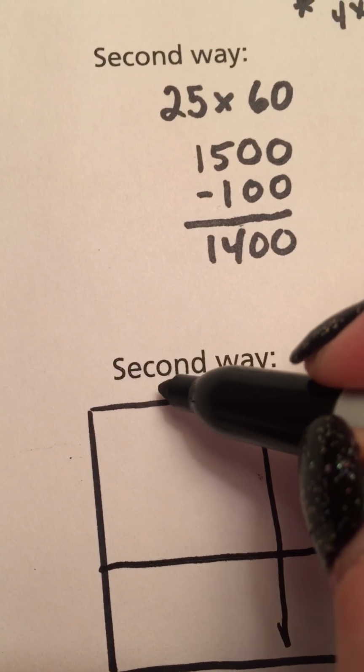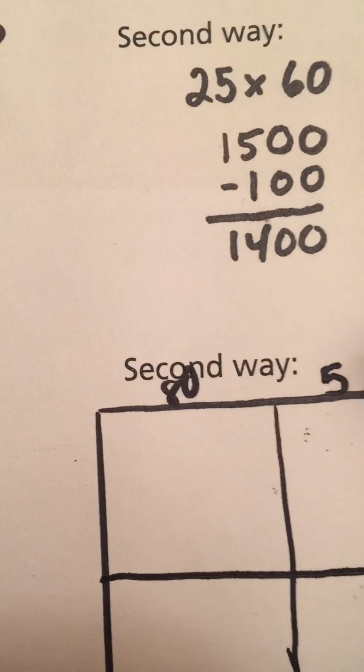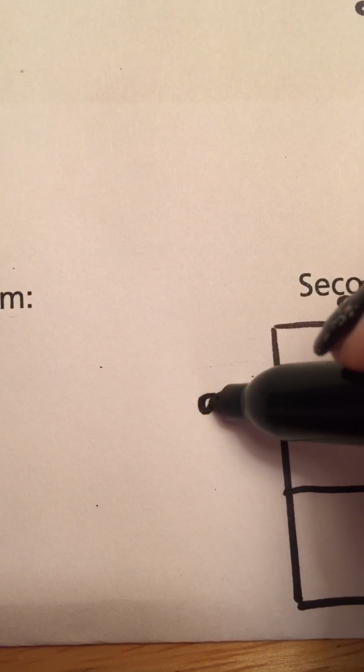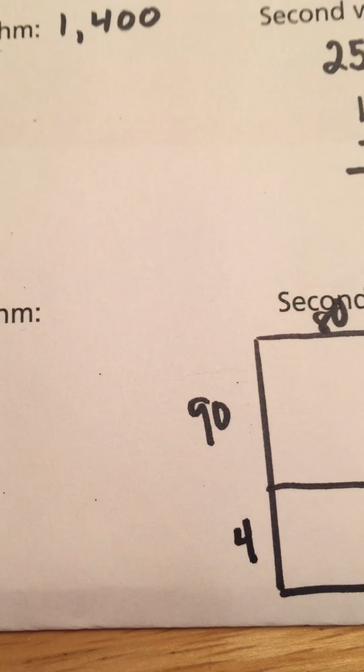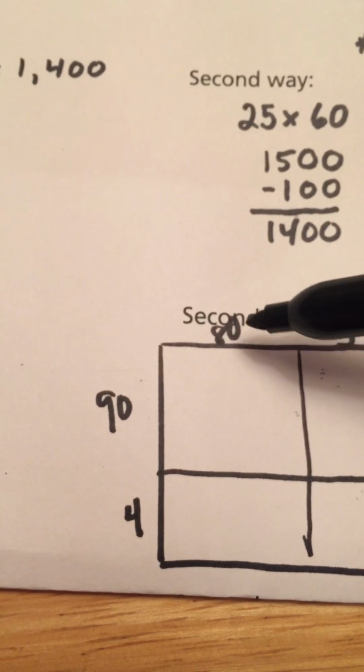And I'm going to call this section 80. And this piece 5. And this part over here is going to be 90. And this is 4. Okay, so we're going to work across.